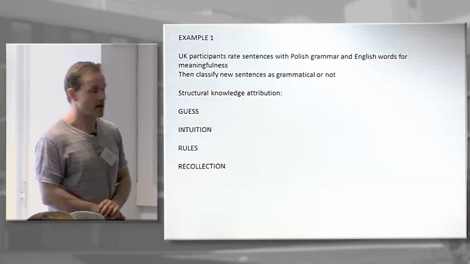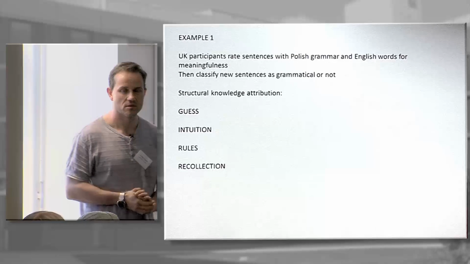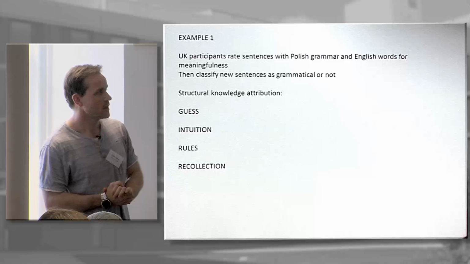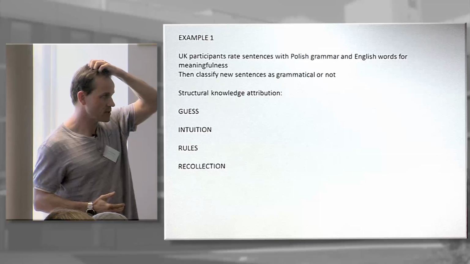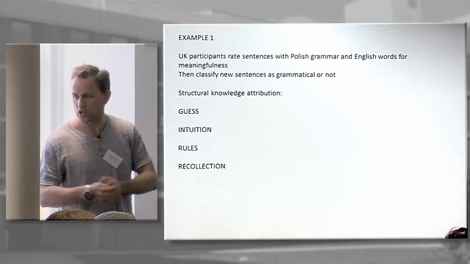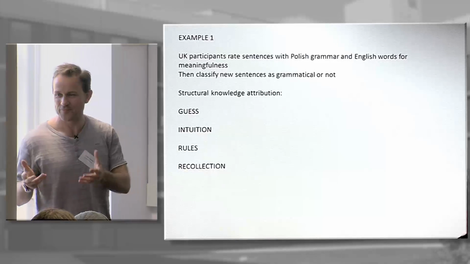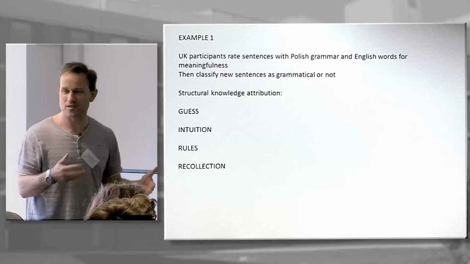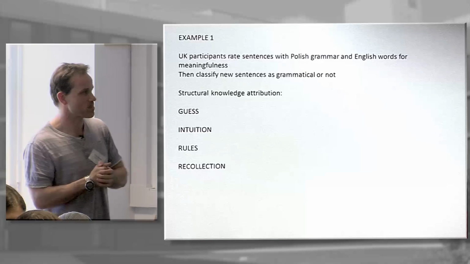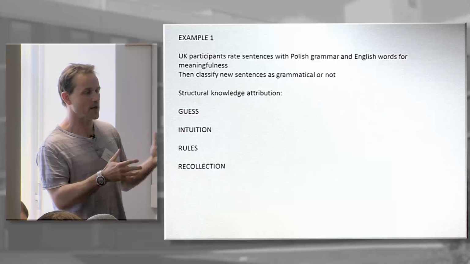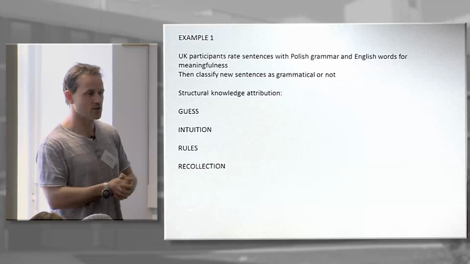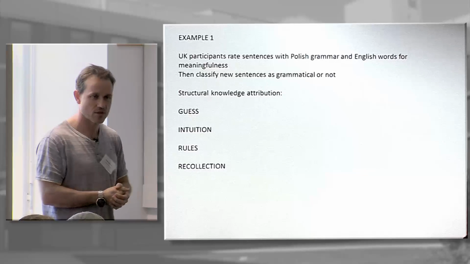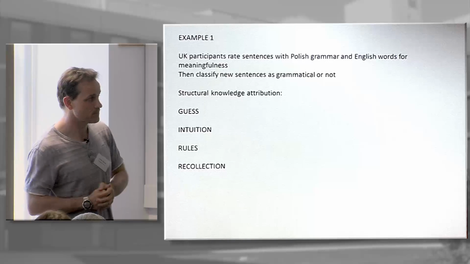So let's apply this in an implicit learning context. Let's say you take native English speakers, and they do something Reber- or Williams-like, and they have a Polish grammar with English words, and they rate it for meaningfulness. And then you say, by the way, we had a funny sort of grammar there. Here are some new sentences, and you judge them as grammatical or not.